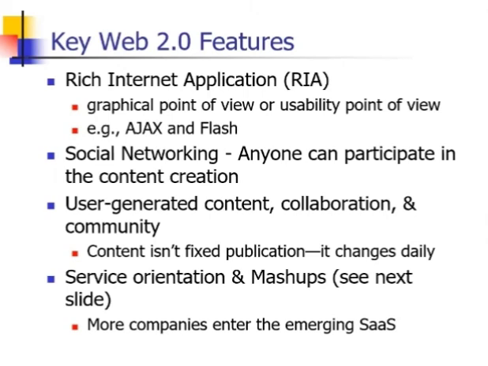Okay, next we have social networking. Anyone can participate in the content. You know social networking: Facebook, and some other social sites. User generated content, collaboration, and community. For example, you cannot say that this topic or this thing is totally fixed on that site.